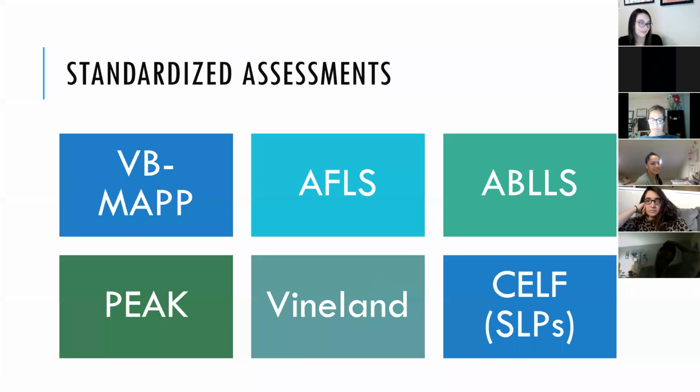Like, it's a silly question. The VB-MAPP is most often used now for early learners, young children. And then there's AFLs and ABLs, which have been around for quite a while before the VB-MAPP. PEAK is also a new one, relatively new, that's gaining popularity.